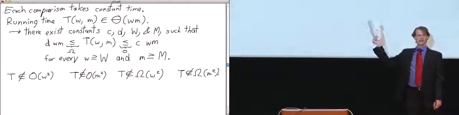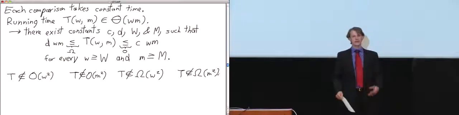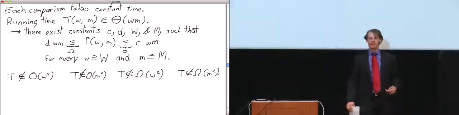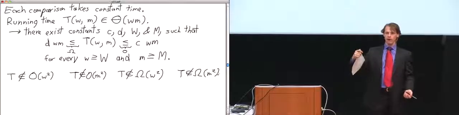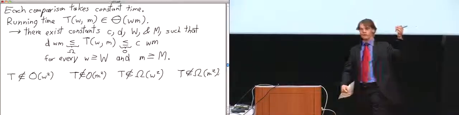And the reason why none of these statements is true is because every one of them is precluded either by choosing way more men than women or by choosing way more women than men.